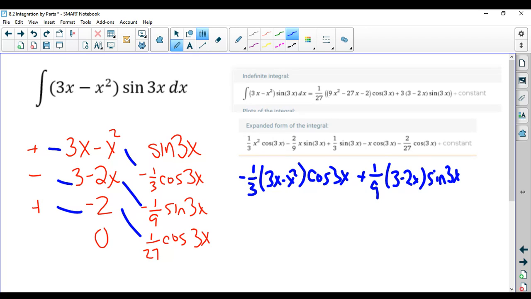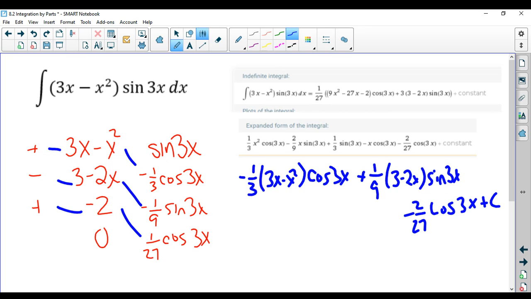And finally, we have plus and negative, so negative 2/27. We're going to run out of room as usual, so minus 2/27 cosine, plus c.